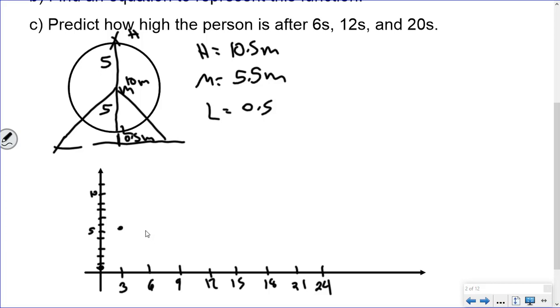Then 3 seconds later, we're up at 10.5. Then 3 seconds later, we're back down at 5.5, and then back down to 0.5. And then the pattern repeats a second time, up at 10.5, down to 5.5, and finally down at 0.5. So now if I connect my points, I get a graph that looks something like this.